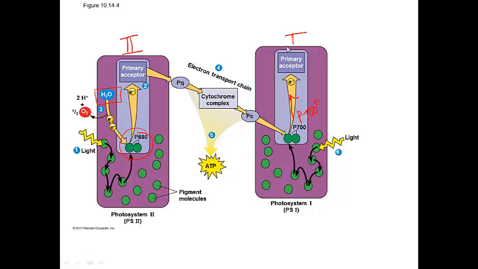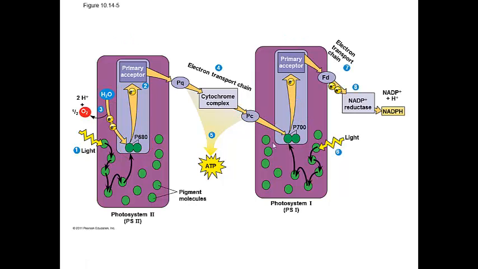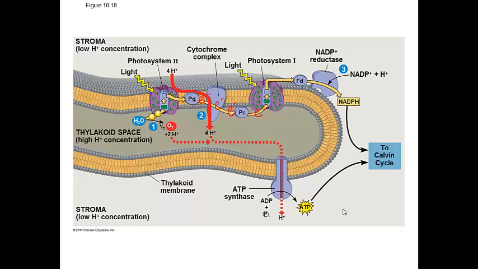Whereas in photosystem 1, when P700 gets oxidized, the replacement electrons are coming from photosystem 2's electron transport chain. So the electron from photosystem 1 is going to go down its own electron transport chain until finally it reaches an enzyme called NADP reductase. And here is where we're going to reduce that molecule into NADPH. That's how it happens.